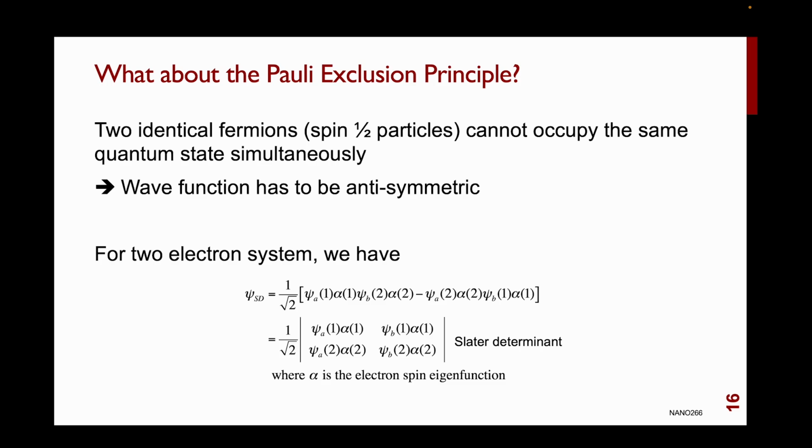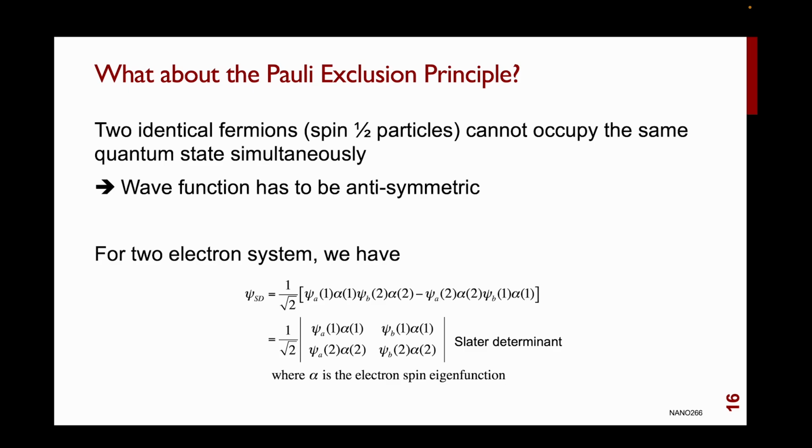So the practical effect is that you cannot have two electrons with the same spin occupying the same energy state. What this also means is that your wave function itself has to be antisymmetric, so when you swap the electrons in the wave function, that swapping has to give an antisymmetric function.